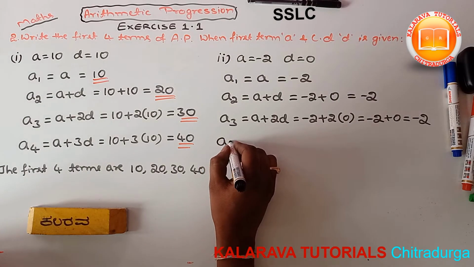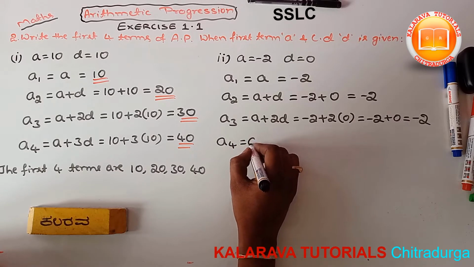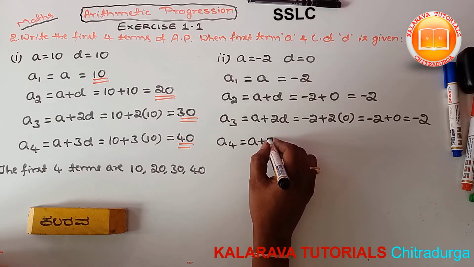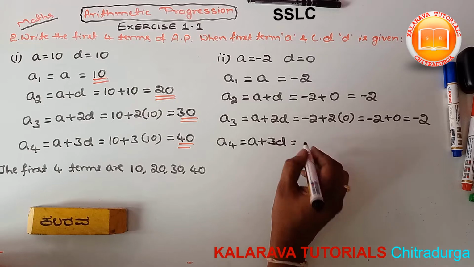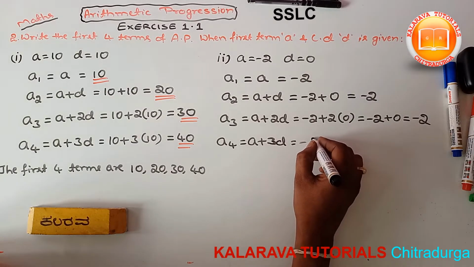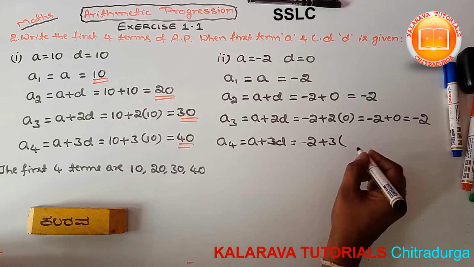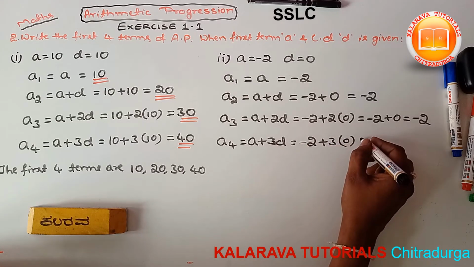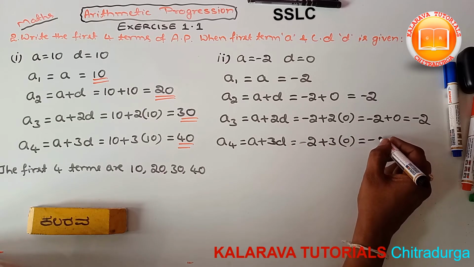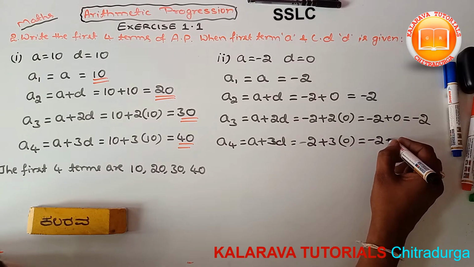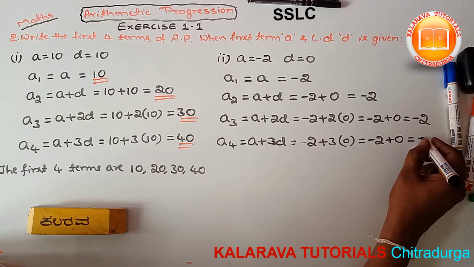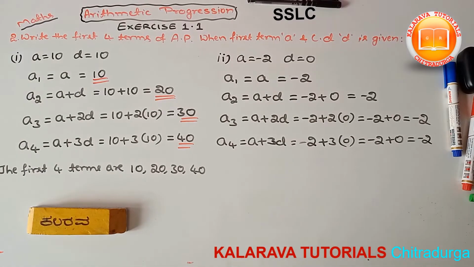And then for the fourth term, A4 is equal to A plus 3D. Here A is minus 2 plus 3 into, in the place of D substitute 0. Minus 2, 3 into 0 gives you 0, that also gives minus 2.